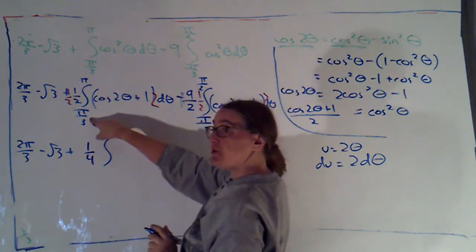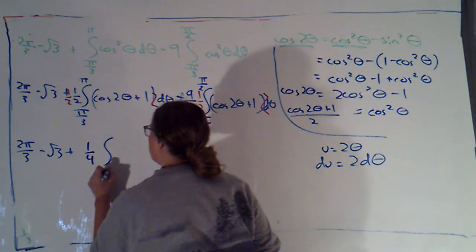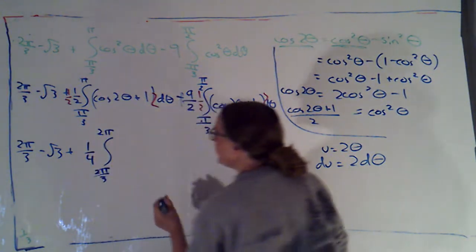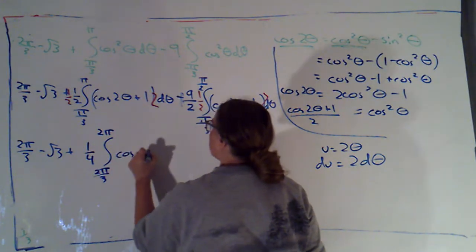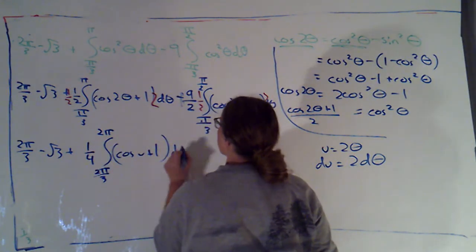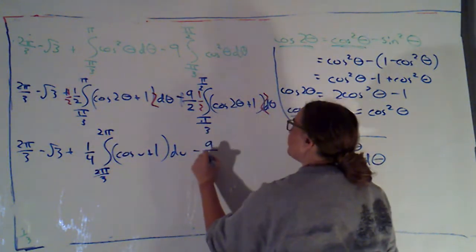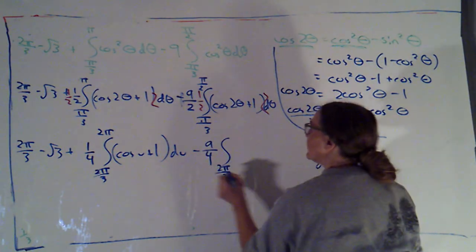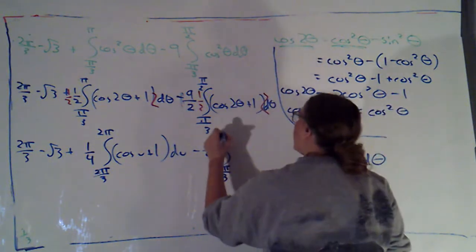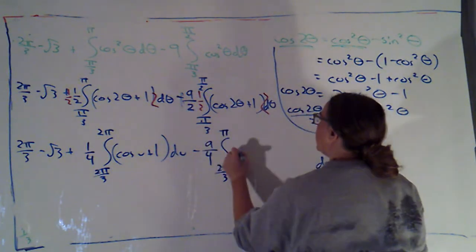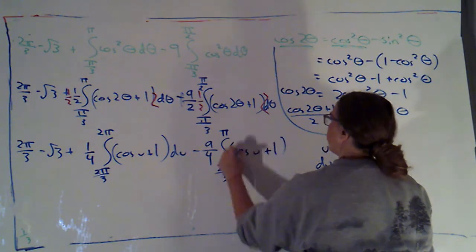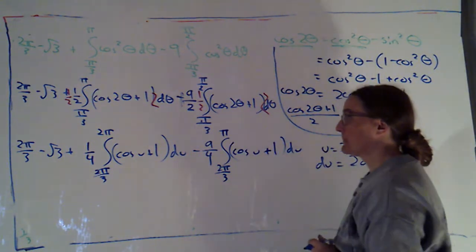The integral from the u value at pi over 3, which is 2 pi over 3, to the u value at pi, which is 2 pi, of cosine of u plus 1 du. Minus 9/4, the integral from the u value, again, 2 pi over 3, this time to the u value at pi over 2, which is just pi, of cosine u plus 1 du.